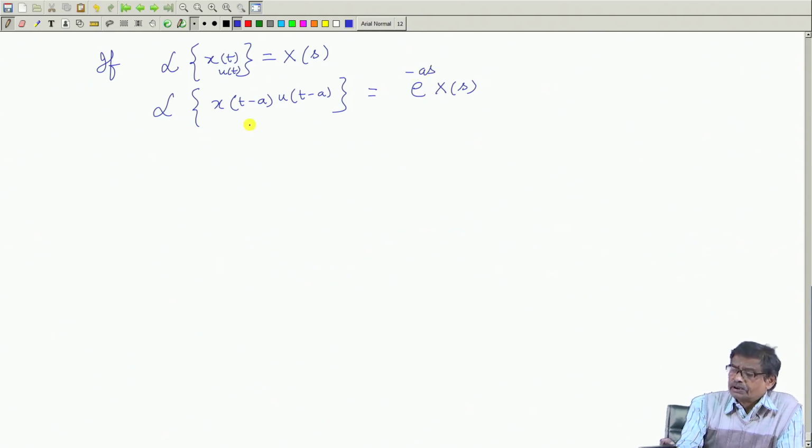If a is a positive number, it will be positive, and so on.